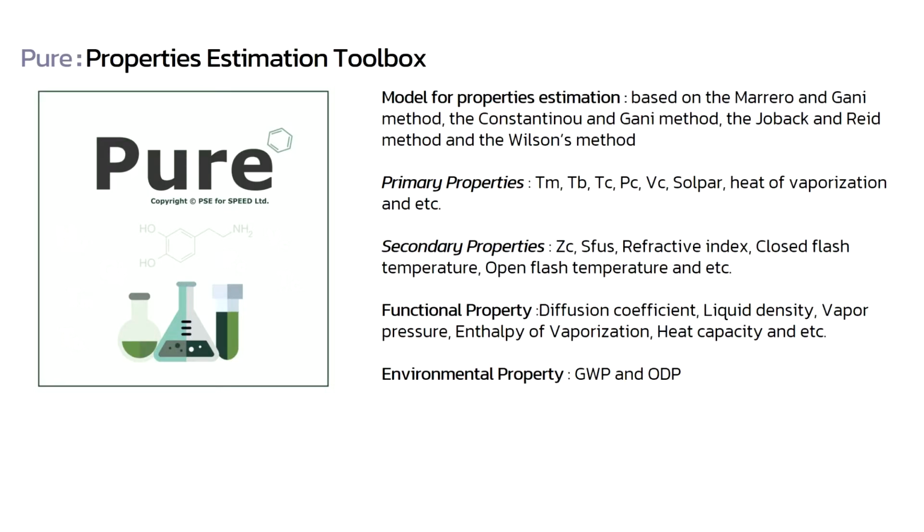The PL's toolbox of ProCAPE calculates properties based on our group contribution-based property methods, such as the Marrero-Gani method, the Constantinou-Gani method, and their latest update. Estimations of primary properties, secondary properties, which are functions of primary properties, functional properties, and environmental properties, which are also primary properties, will be highlighted.